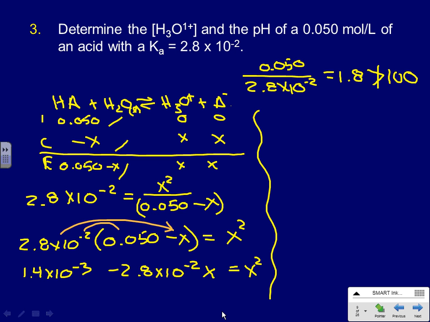I like positive X squared, and it is on that side, so we'll bring everything to the other side. X squared, that's going to become plus 2.8 times 10 to the negative 2, and that's X, and that's going to then be minus 1.4 times 10 to the negative 3. A is 1. B is, and you know what, we could get it out of scientific notation if you'd like.